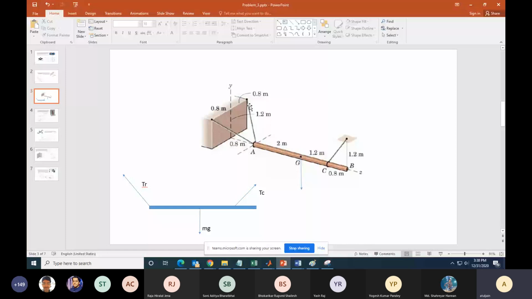Otherwise, my force will not be zero; I will never get summation Fx equal to zero. So the resultant of the two threads starting from A should also be in YZ. I am drawing the free body diagram of this stick: there is tension TC, MG, and TR. Now, these three forces should be concurrent. Otherwise, it will not be in a state of equilibrium.